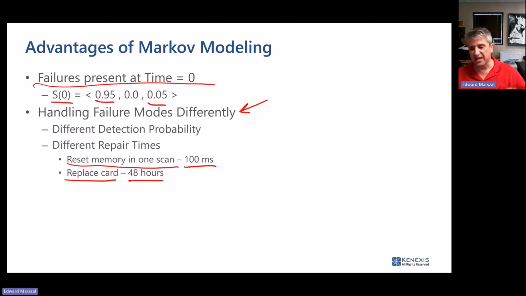So it's this kind of complexity that your equipment vendors are looking at when they're doing the probability of failure on demand calculations for their logic solver systems.